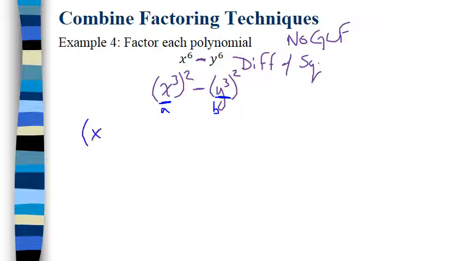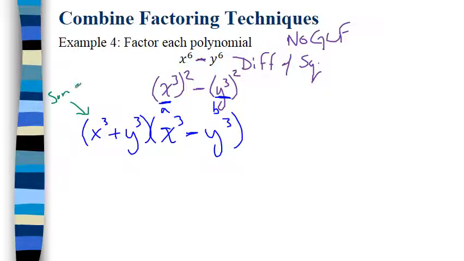So a, which is x cubed, plus b, which is y cubed, times a, which is x cubed, minus b, which is y cubed. Okay, now I have a sum of cubes here. This is a sum of cubes. And I have a difference of cubes here.